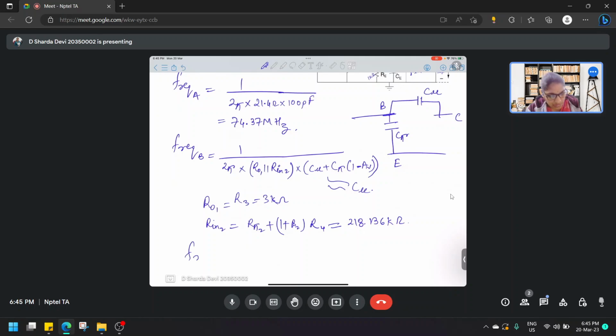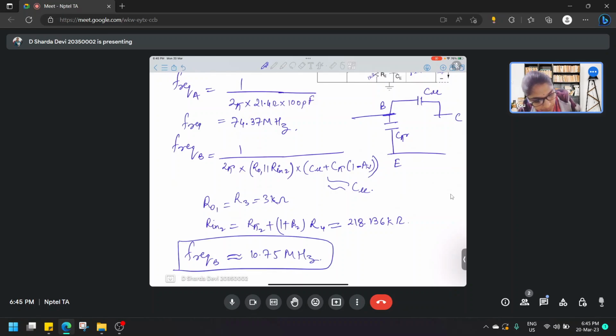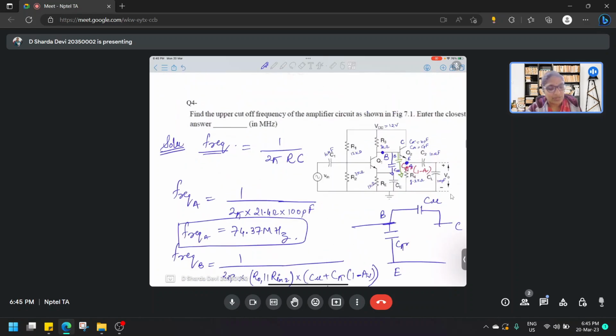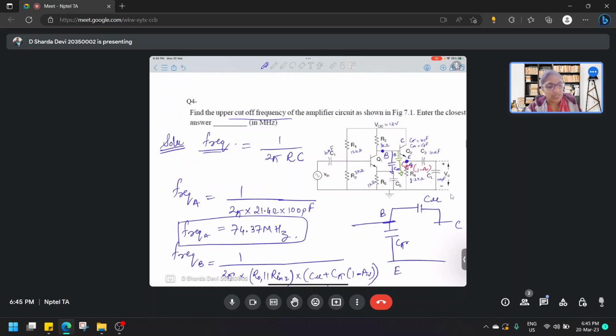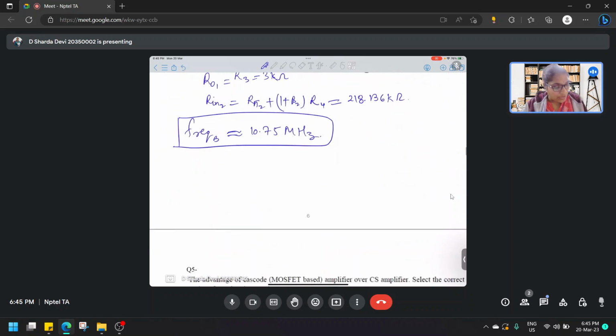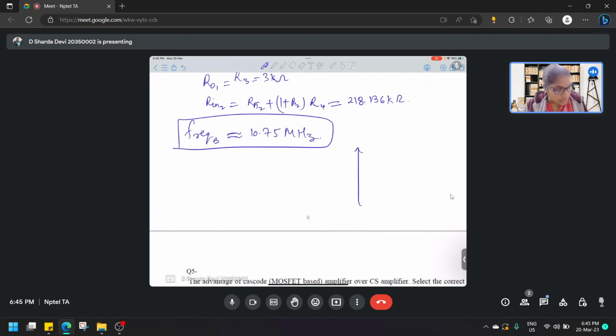So your frequency at node B will be around 10.75 megahertz. Okay, now we have two frequencies at A and B. We need to find out which one to consider. It is asked that you have to find the upper cutoff frequency. So see, we know how the frequency response looks like, right?